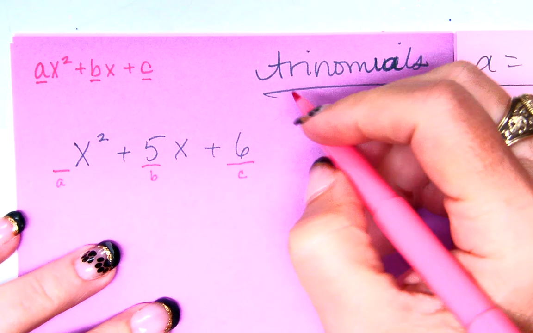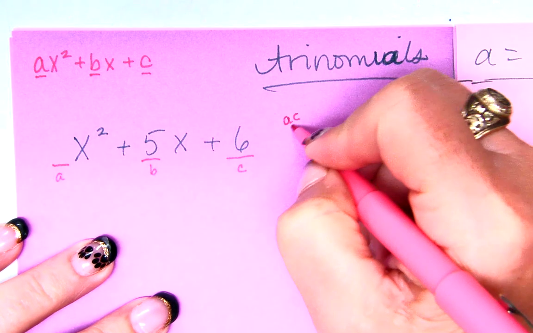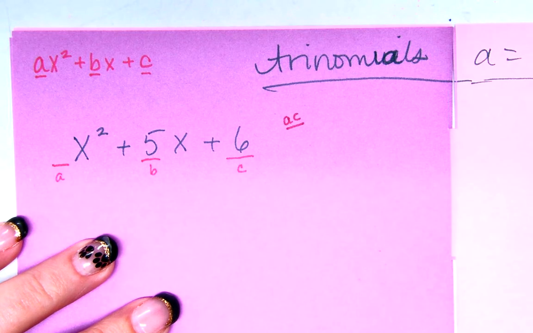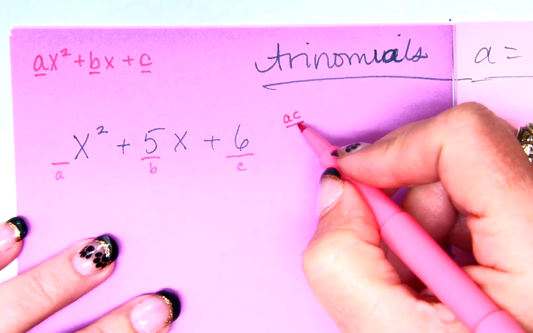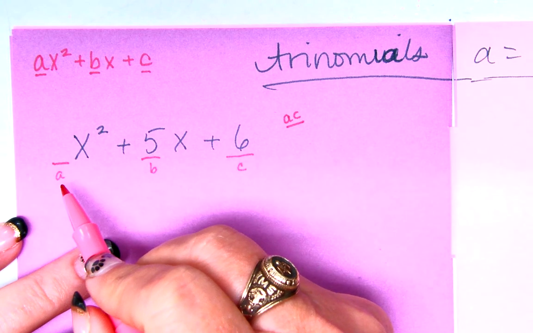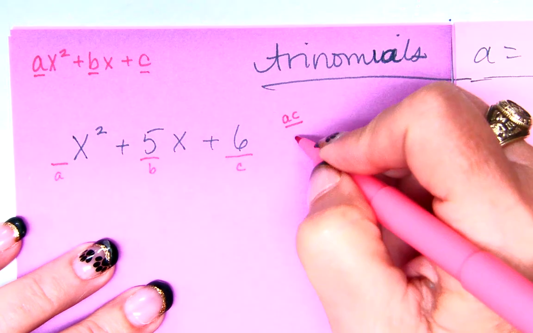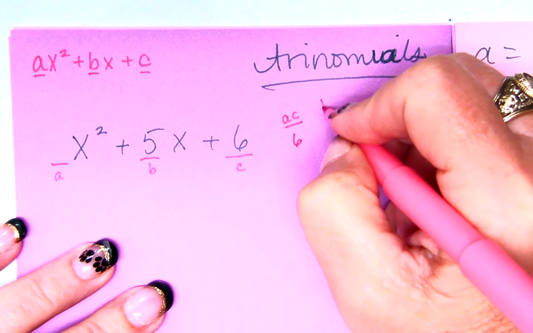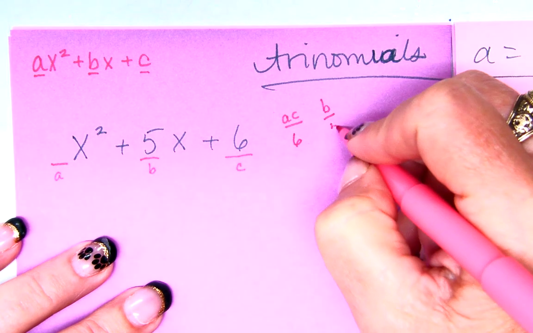Okay? Because when we're factoring trinomials, I'm going to need you to know ac. What am I asking you to do with a and c? Multiply them. Okay, so in this problem, what's a? And what's c? 6. So what's ac? 6. And what about b? What's b for this problem? 5.